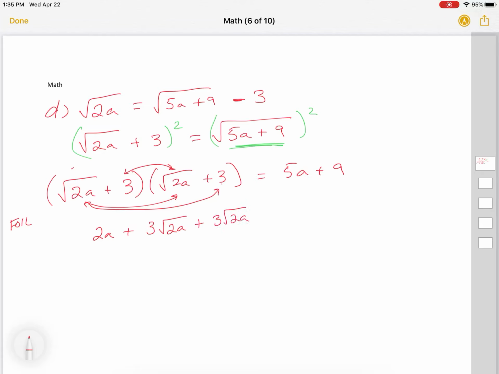So it's 3 times root 2a, so I have 3 root 2a's. If it helps to imagine, there's a little invisible 1 in front of the radical when you're multiplying. So basically you're multiplying that 3 times the 1. Then 3 times 3 is 9. That's our last term and is equal to 5a plus 9. So that's how we get these two middle terms there.